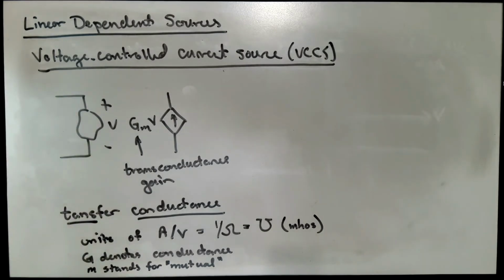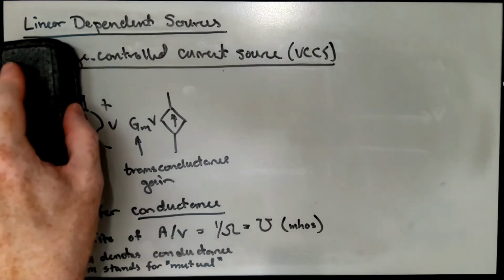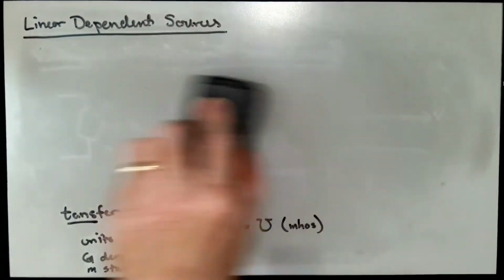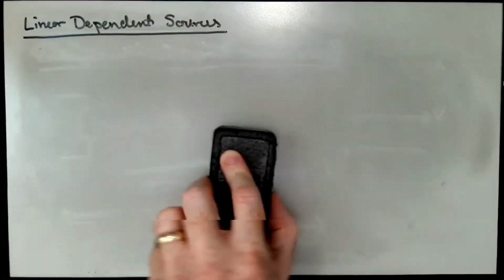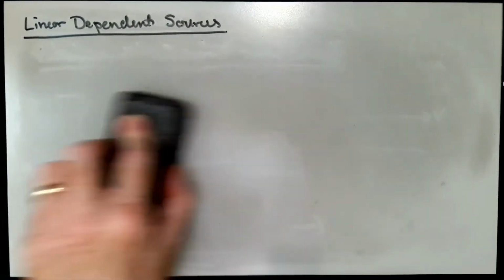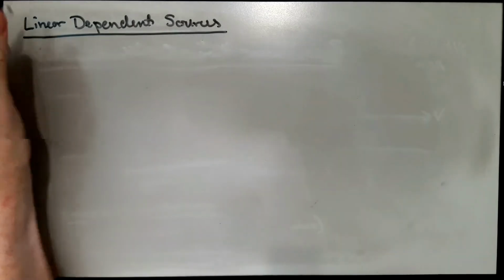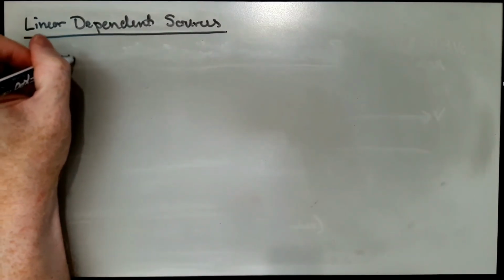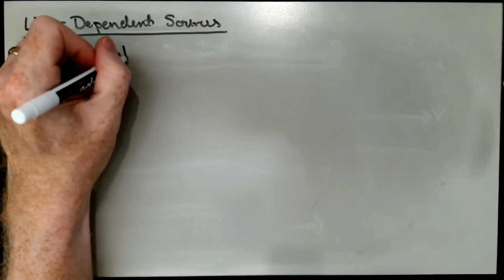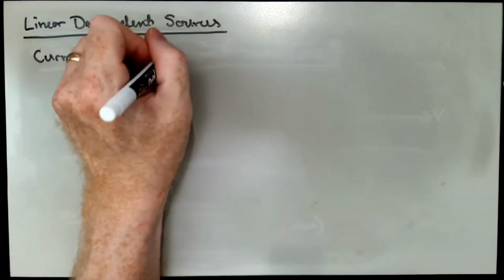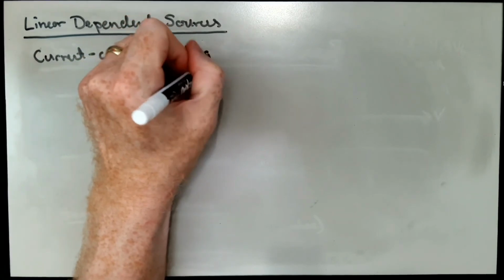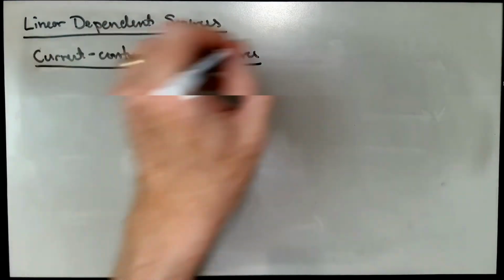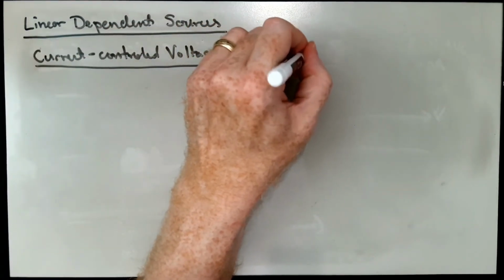Okay, voltage-controlled current source, and the other possibility is the current-controlled voltage source. So we can have a current-controlled voltage source, or CCVS.